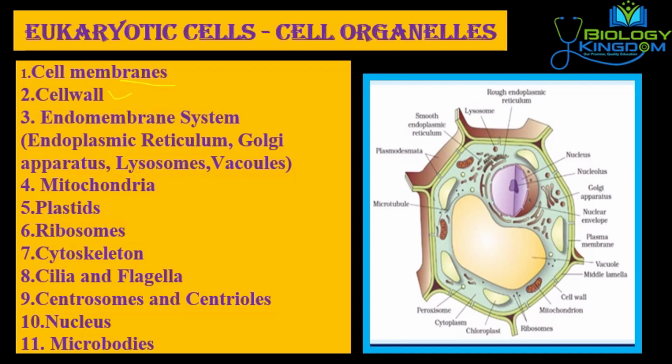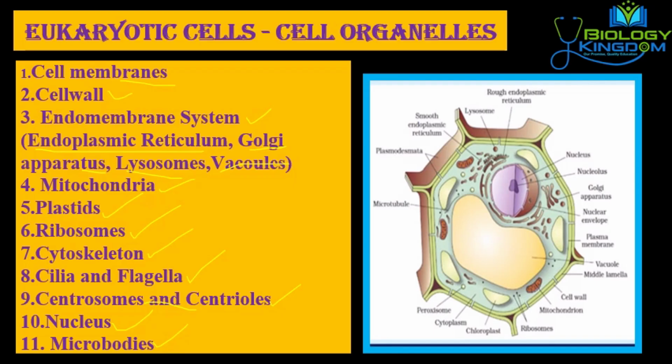We also have the endomembrane system comprising endoplasmic reticulum, Golgi apparatus, lysosomes, and vacuoles. We also have mitochondria, plastids, ribosomes, cytoskeleton, cilia and flagella, centrosomes and centrioles, nucleus, and microbodies.